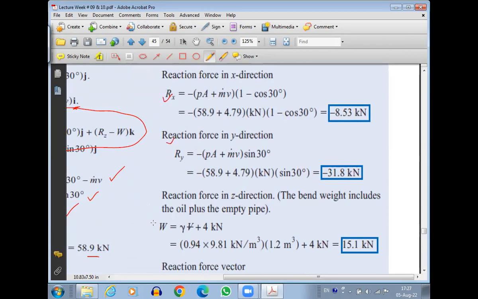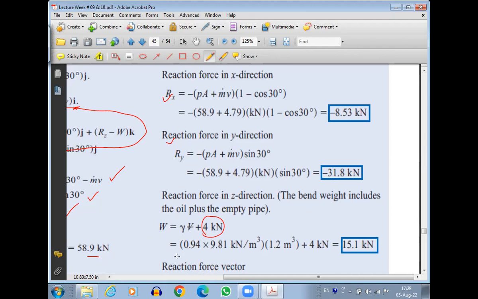But for the Rz component, we need weight. Now, how can I find the weight? The weight will be the weight of the oil plus the weight of the pipe bend. The weight of the empty pipe bend was given, 4 kilonewton. Now, what about the weight of the oil? For the weight of the oil, we have the specific weight of the oil multiplied by the volume. How do we know the specific weight of the oil? Because we know the specific gravity of the oil.